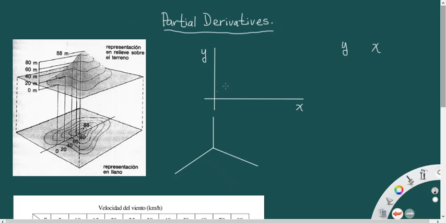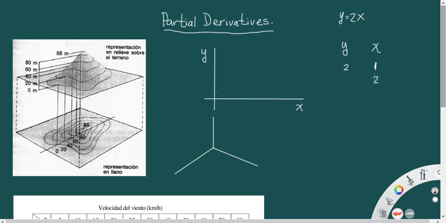And a brief explanation of this is if we recall the old single variable calculus that we have done in the past. If we have an example like y equals 2x, and let's say that x is equal to 1, so y is equal to 2.